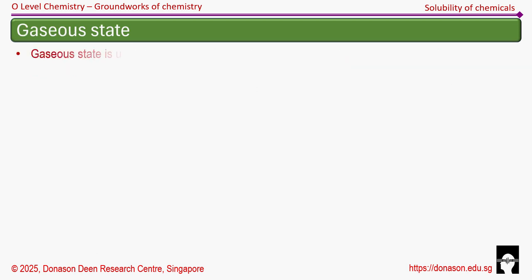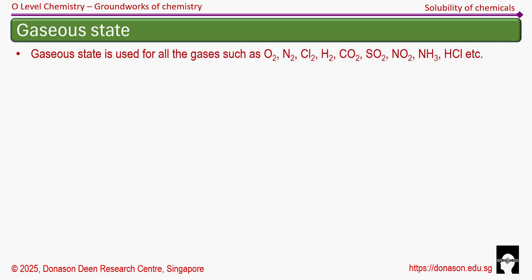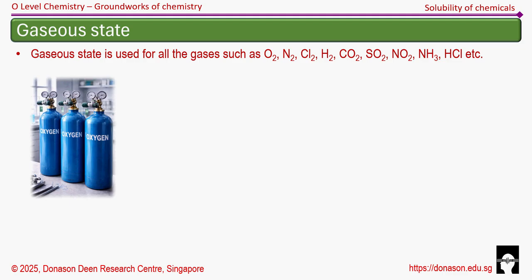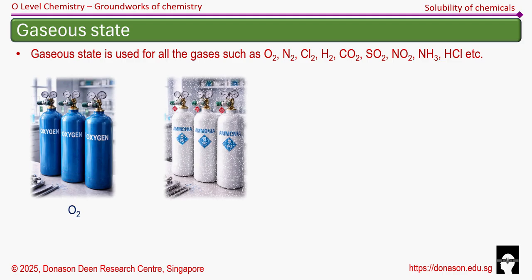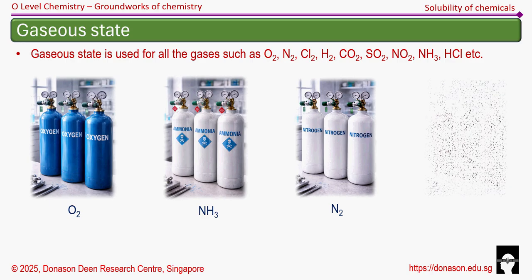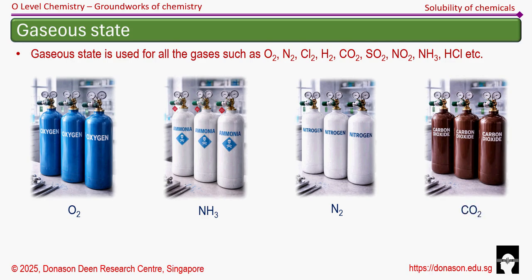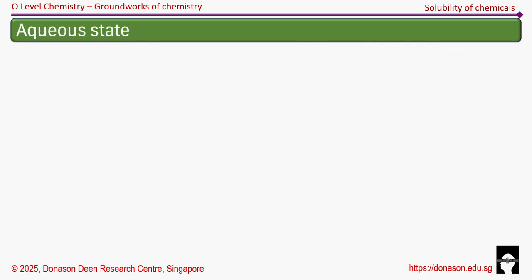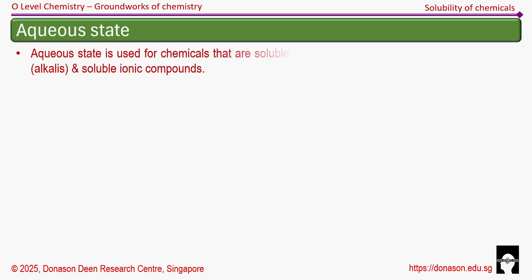Gaseous state is used for all the gases such as oxygen, nitrogen, hydrogen, chlorine, carbon dioxide, sulfur dioxide, nitrogen dioxide, ammonia, water vapor, hydrogen chloride, etc. Aqueous state is the most important state used in chemistry for chemicals that are soluble in water.